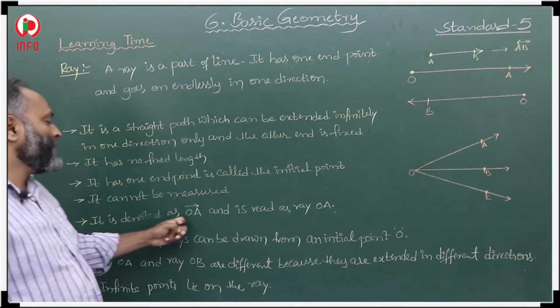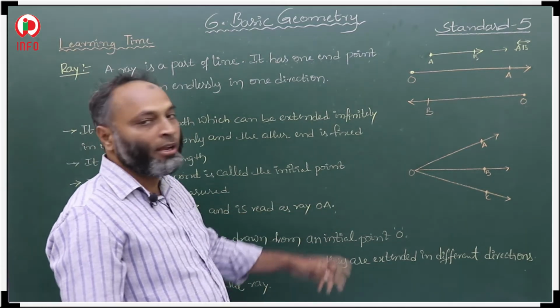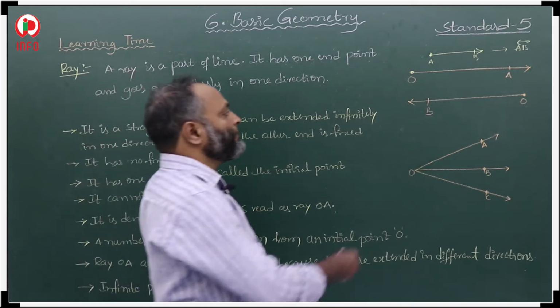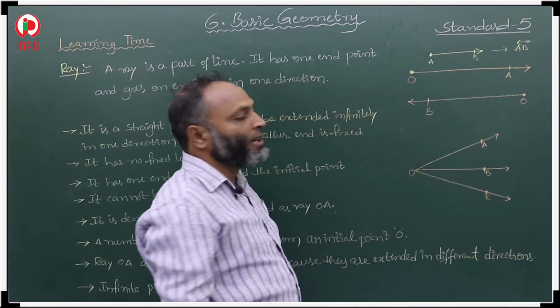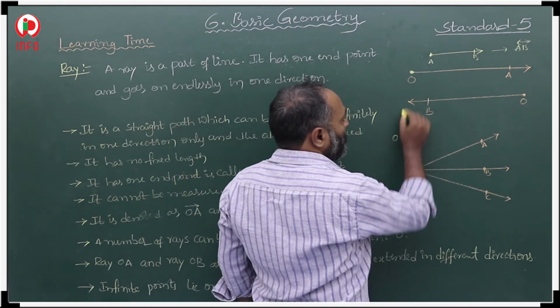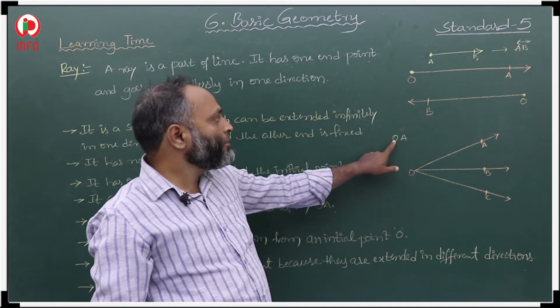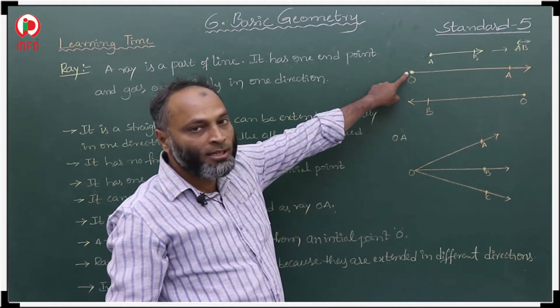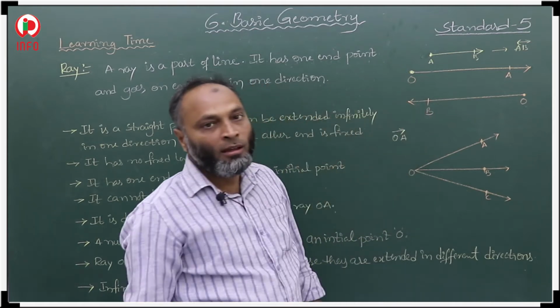It is denoted as ray OA and is read as ray OA. Here O is the initial point and it extends infinitely in the other direction. Then how to read this one? OA. O is the initial point. First we have to take the initial point, that is the end point, which is O, and in the other direction it moves infinitely.